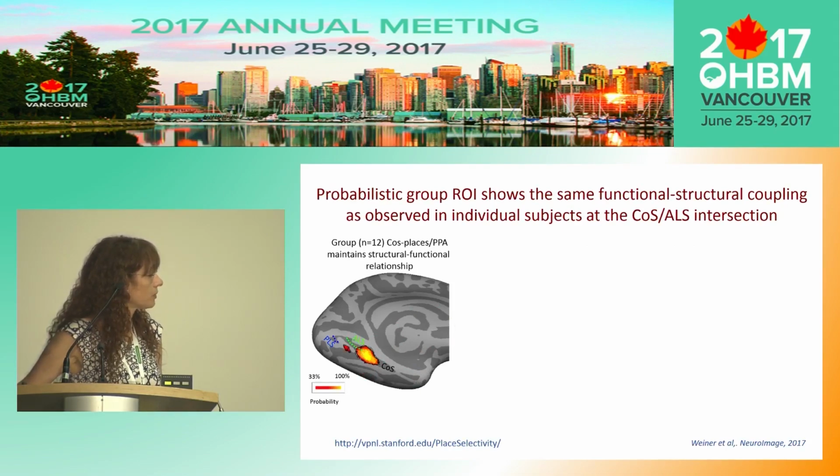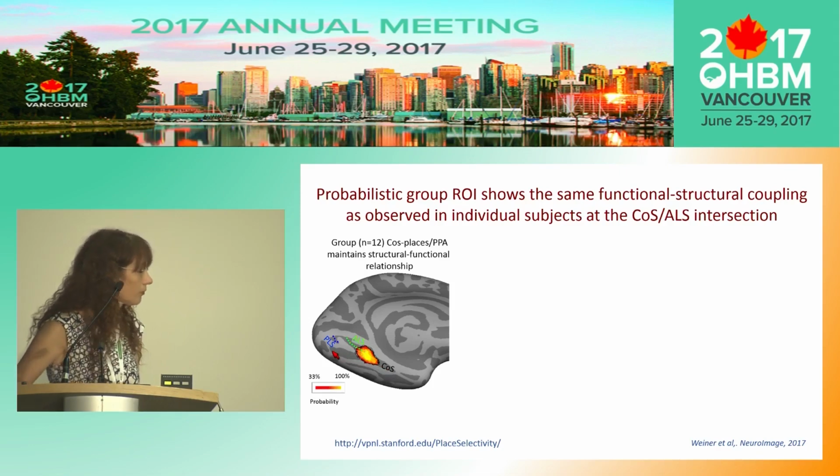One thing you can note is that this probabilistic ROI seems to have the same anatomical features as individual subjects, because you can see that the probabilistic place selectivity seems to happen at the same place, at the intersection between the ALS and the collateral sulcus.